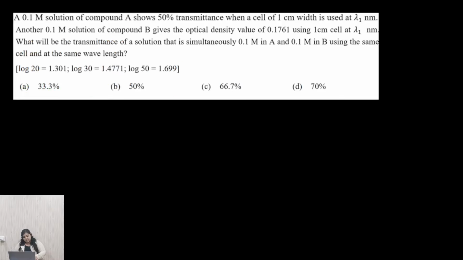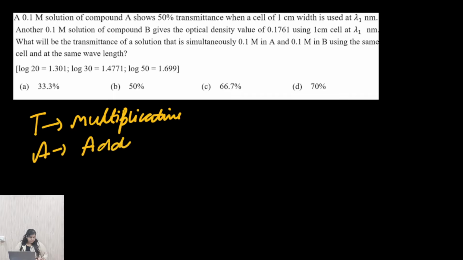Next we are having this question. It says a 0.1 molar solution of the compound A, which is showing 50% transmittance when a cell of 1 centimeter width is used at the wavelength lambda 1. Another 0.1 molar solution of the compound B, which is showing us the optical density of 0.1761 using the 1 centimeter cell and at the same wavelength, lambda 1. What will be the transmittance of the solution that is simultaneously 0.1 molar in A and 0.1 molar in B?